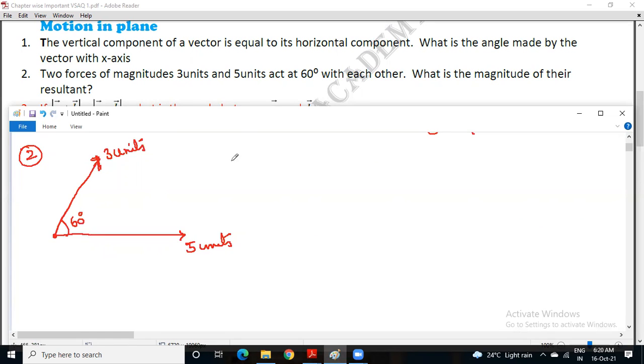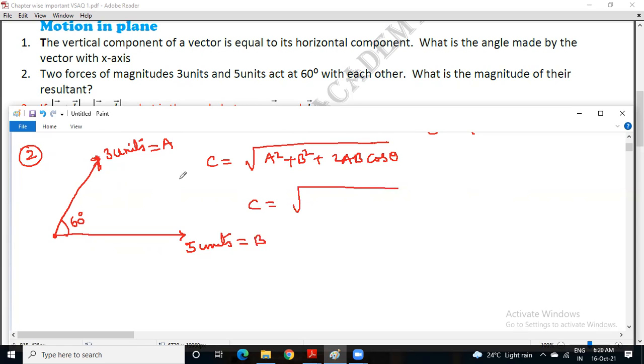So what is the magnitude of the resultant vector in a parallelogram? It is C equal to root over A square plus B square plus 2AB cos theta, right? What is A here? 3 units. What is B here? 5 units. So substitute the values. A square, 3 square is 9.